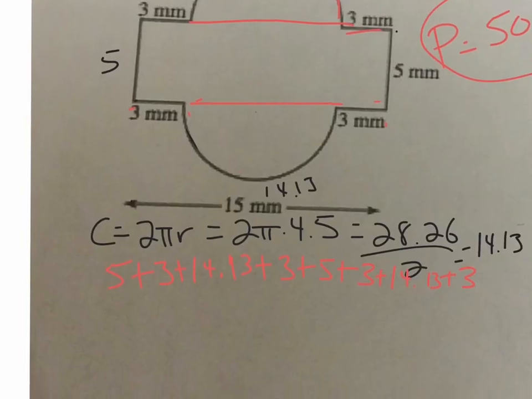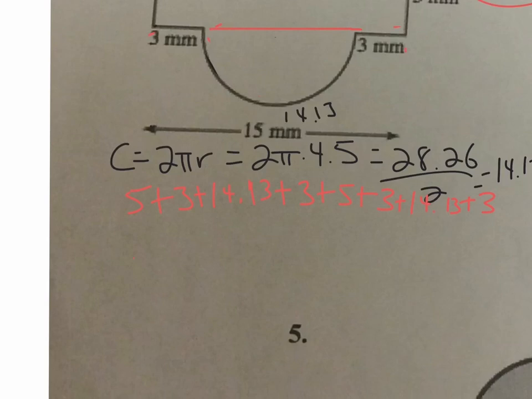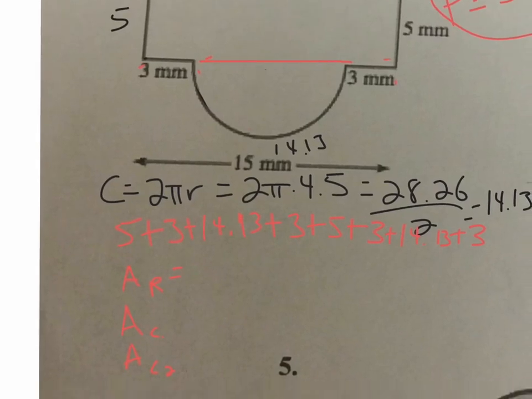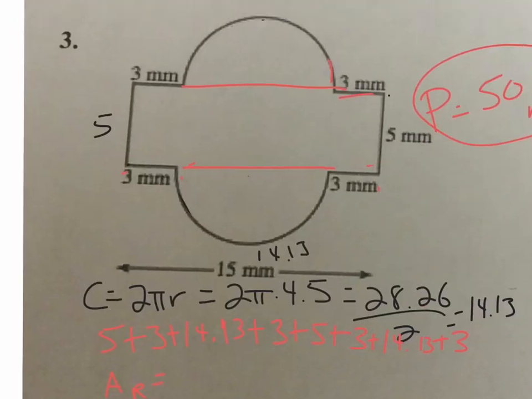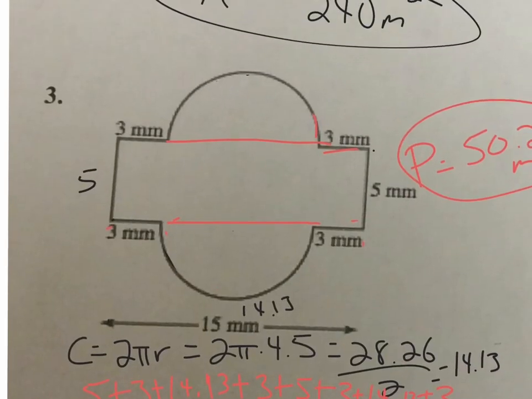So I'm going to find the area of each one. So I'm going to find the area of the rectangle, and then I'm going to find the area of a half circle, circle 1, and then the area of circle 2. Technically, these are half circles, and together they make a full circle, so technically I only have to find the area of one circle.